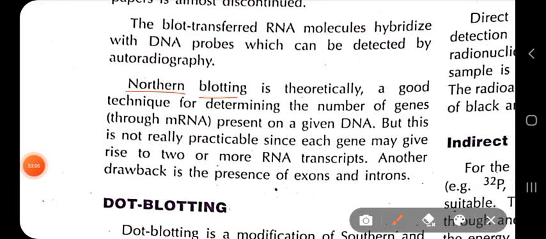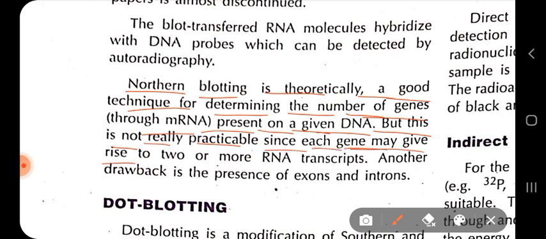Northern blotting is theoretically a good technique, not practically, for determining the number of genes through RNA present on the given DNA. But this is not practicable really, since each gene may give rise to two or more RNA transcripts. Well, we know very well that each gene can give rise to two or more RNA transcripts.